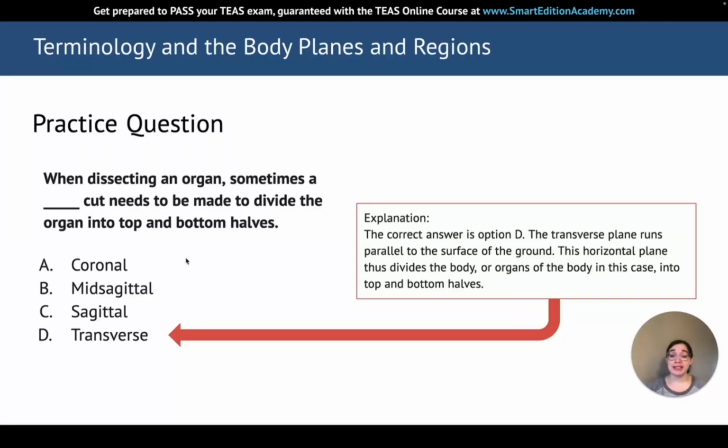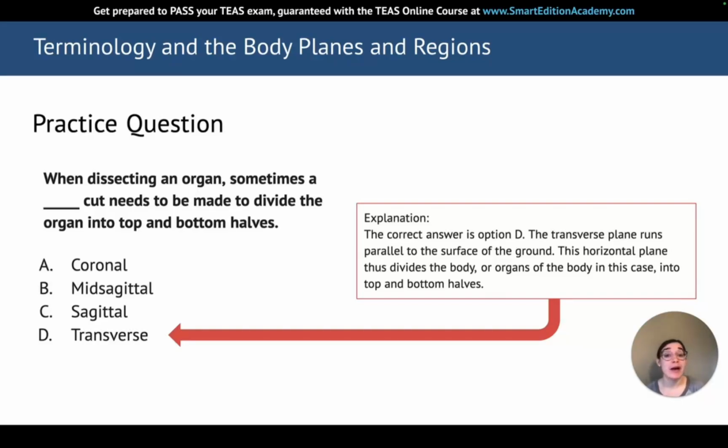It's important to point out that when we're talking about these planes, we can be talking about dividing the body as a whole. We can also be talking about dividing specific body parts, such as when we're dissecting a particular organ, as this practice question is asking us about.